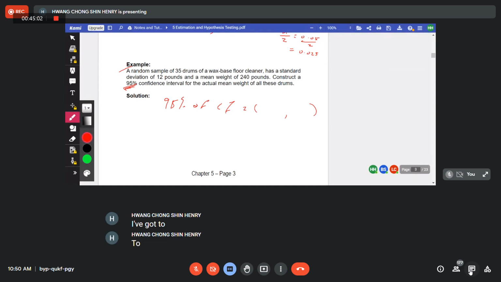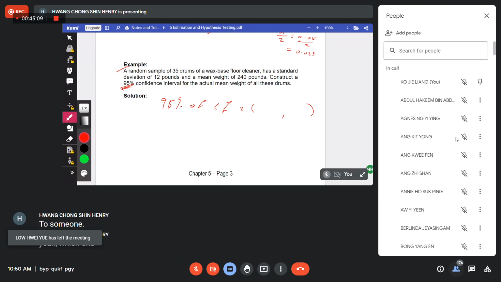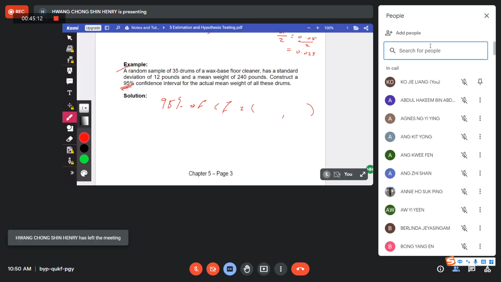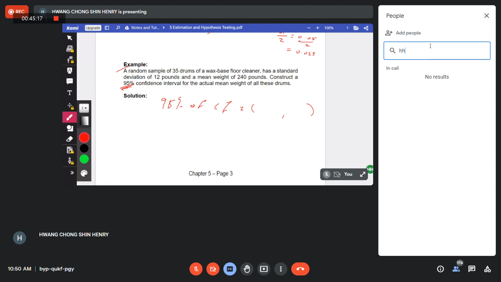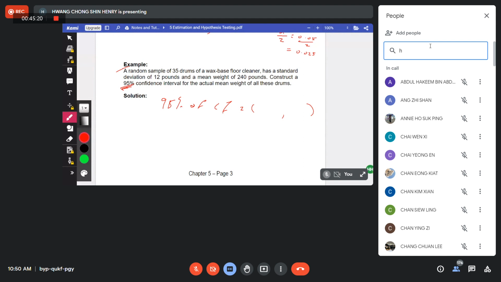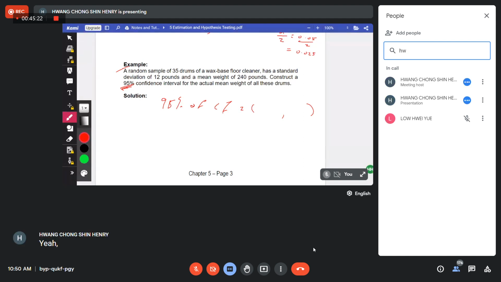Got to someone. Yeah, which one? Mine. Because I cannot see the other screen already. Can I see right here? That means I cannot see the classroom from my screen already.